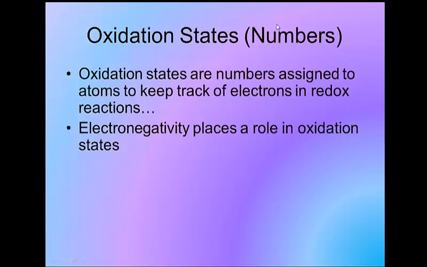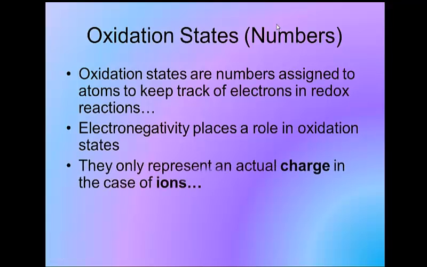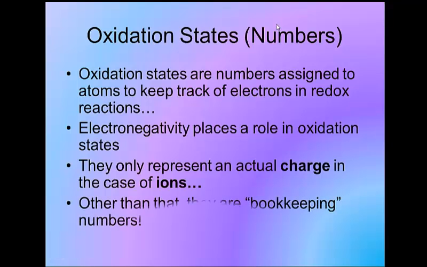Electronegativity plays a very important role. Oxidation states only represent the actual charge in the case of ions. So they're similar sometimes to the charge of an ion. Other than that, your oxidation states are purely bookkeeping numbers. You're keeping track of the number of electrons that gets transferred.